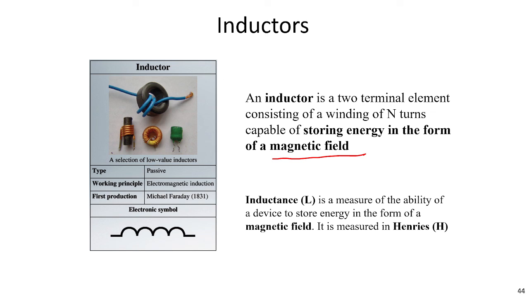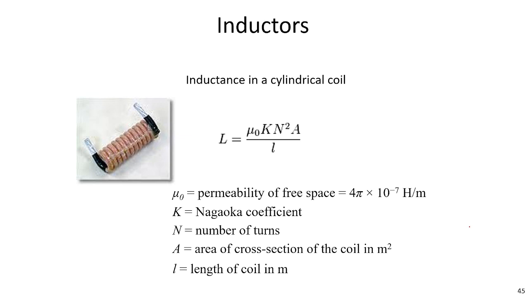The inductance, we use the symbol L. This is the symbol of inductance. Inductance is a measure of the ability of a device to store energy in the form of a magnetic field. It's measured in Henry. The unit is Henry.